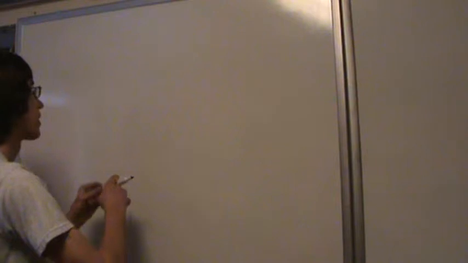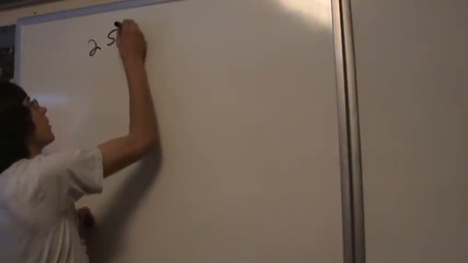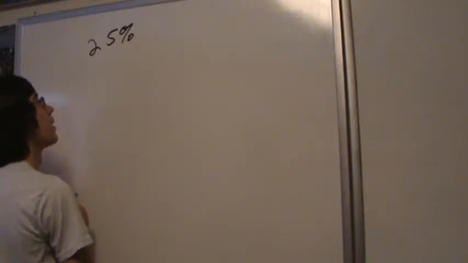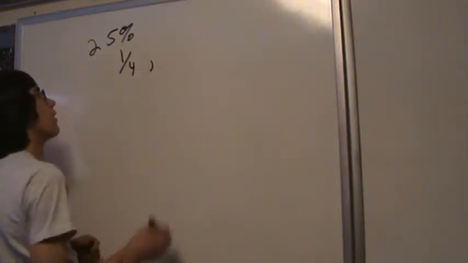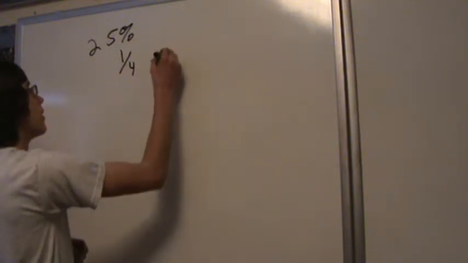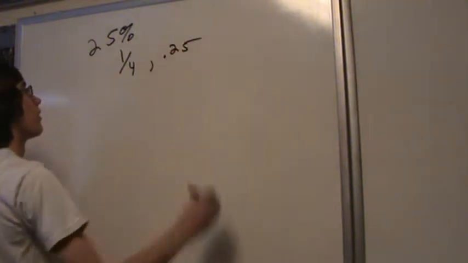Now, this is sort of like the basics. Suppose they give you, alright, so what's another way to write 25%? One way would be 1/4. Another way would be 0.25.